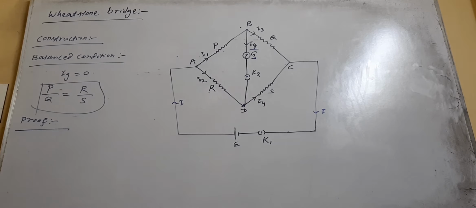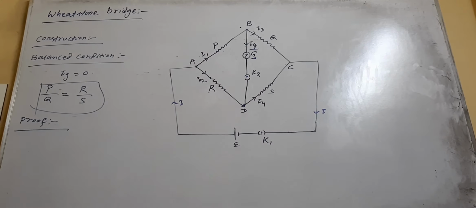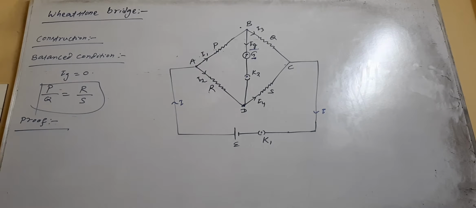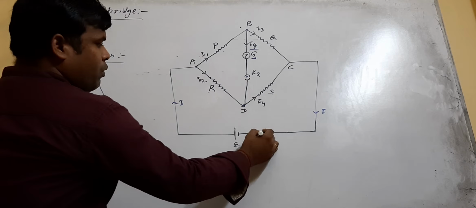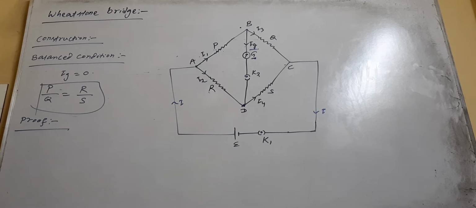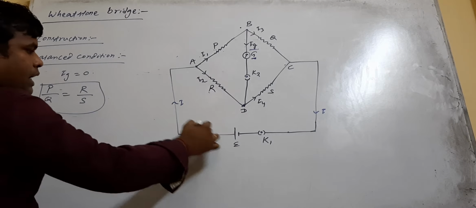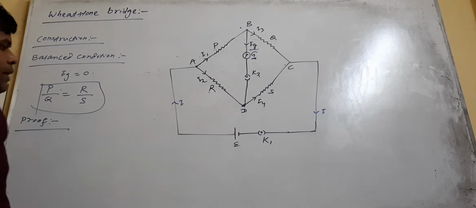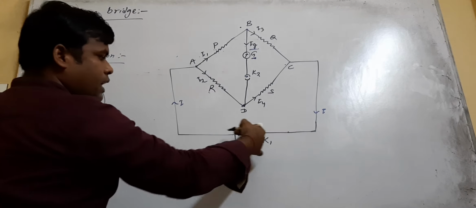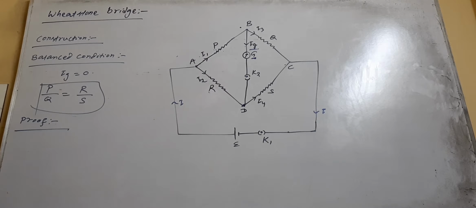We will prove this balanced condition by applying Kirchhoff's law. So now if you close the keys K1 and K2, then the current starts flowing through the circuit. Let I be the current coming from the positive terminal of the cell. Then the same current I will go to the negative terminal of the cell.